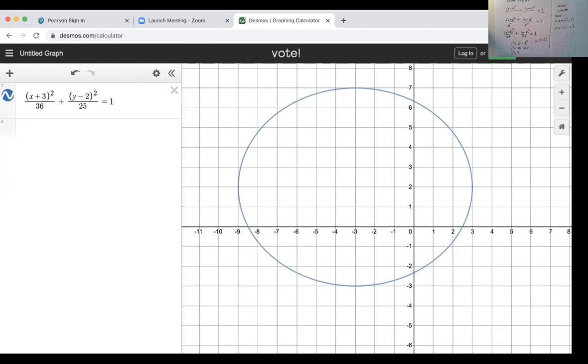And we believe the foci are at negative 3 plus root 11, comma 2. You see that point on the major axis, and negative 3 minus root 11, 2. There's the other point on the major axis. So if we pick any point on the ellipse, the sum of distances from here to here plus from here to here should be the same for any point we pick. That's what an ellipse is. The sum of the distances is constant.